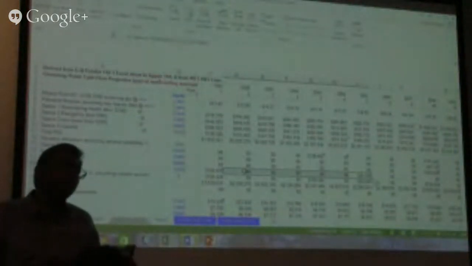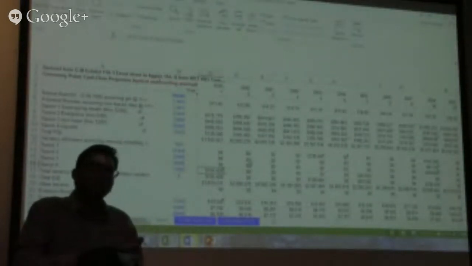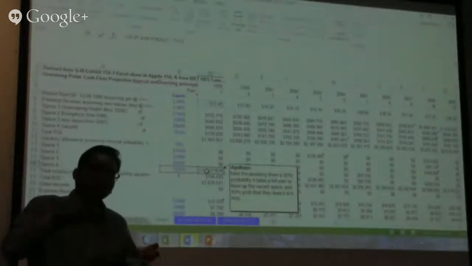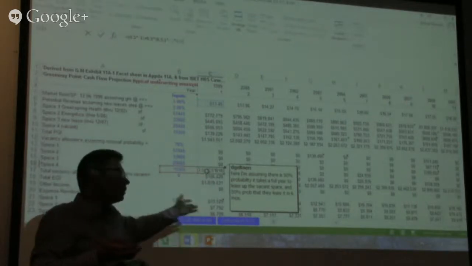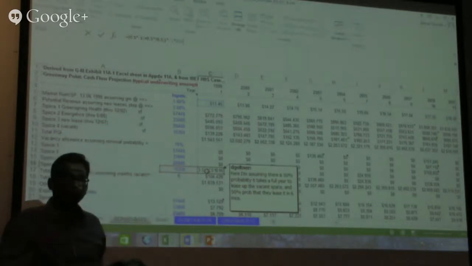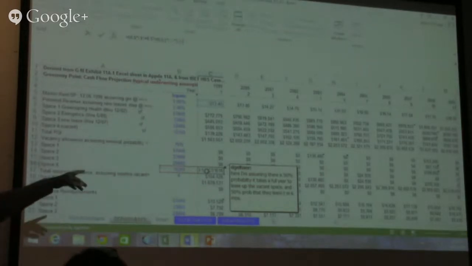It's been vacant almost from the time I've taken it, so I'm not very confident that it's going to get leased immediately. 70% is a very high number for me, so we've reduced it to 50% for this vacant space. That is the only change in probability that has been made in these years, in this one at least.